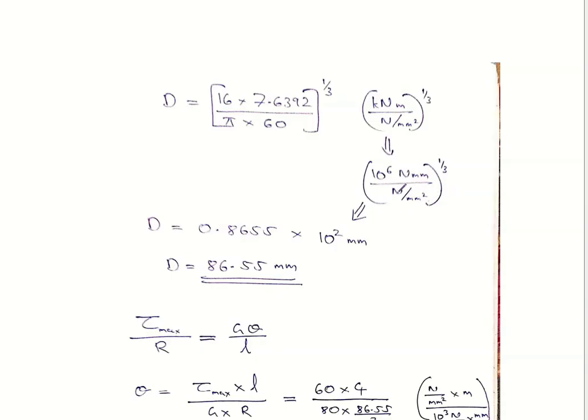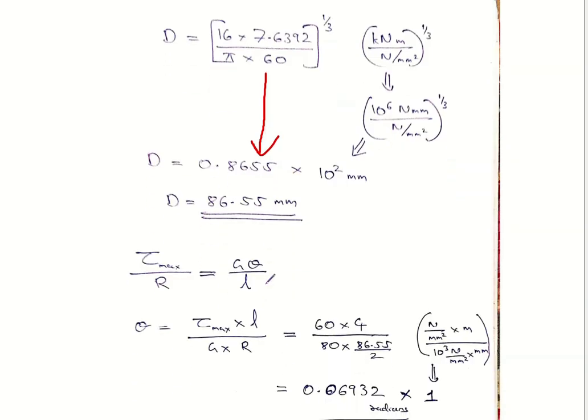So Newton and Newton will get cancelled. Millimeter cube will be here. When we accommodate the power of 1 by 3, it will finally give us 10 square millimeter. From the value in the bracket, we will get 0.8655, and when we combine this, we'll get 86.55 millimeters.